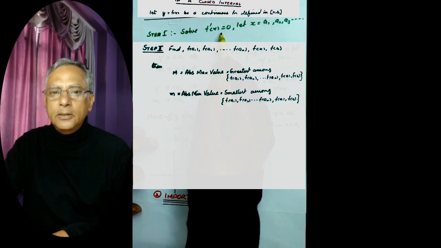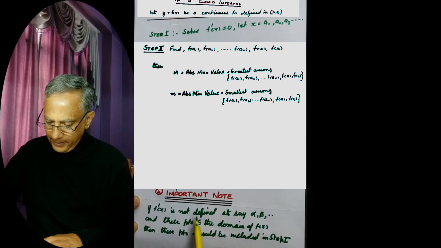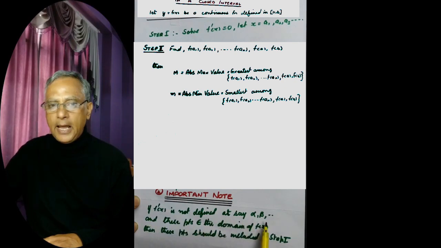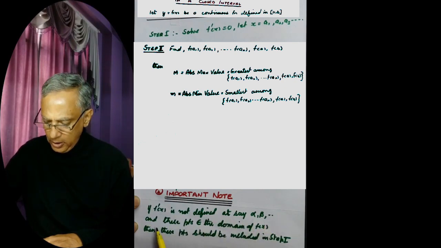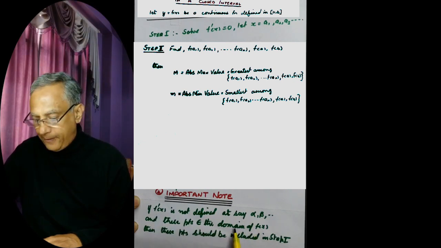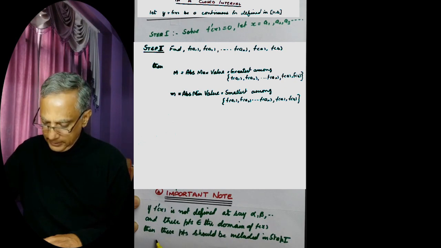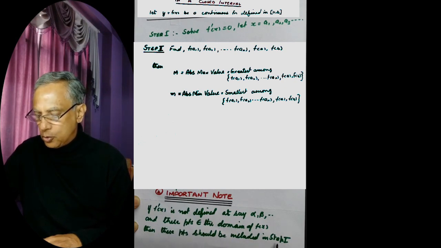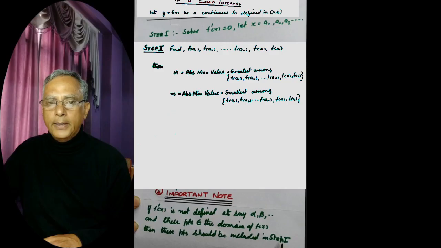If f'(x) is not defined at say alpha, beta and so on, and these points belong to the domain of f(x), then these points should be included in step 1.